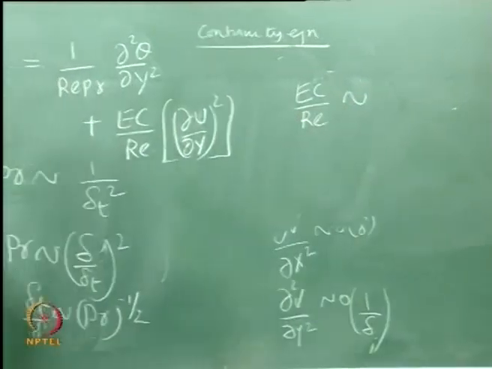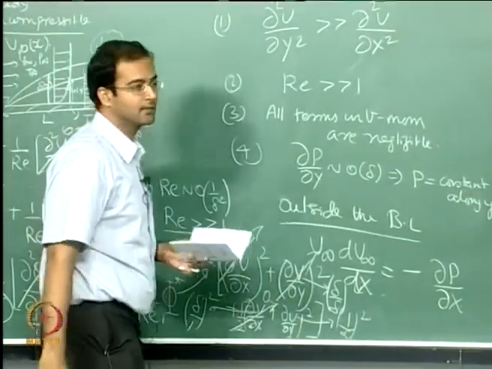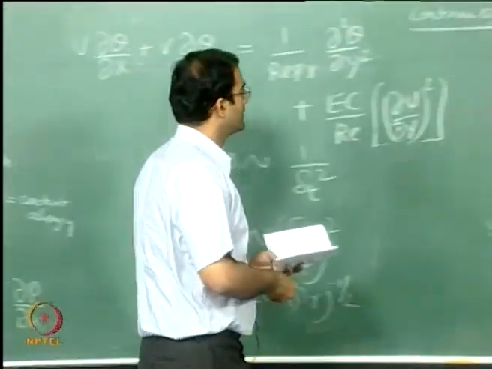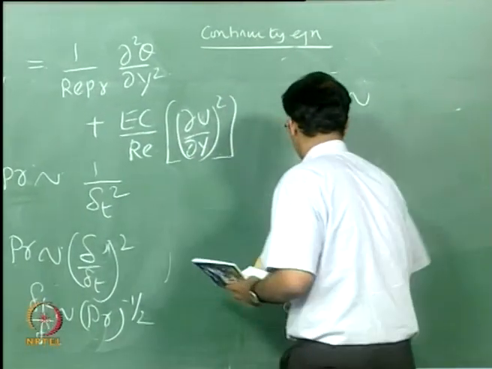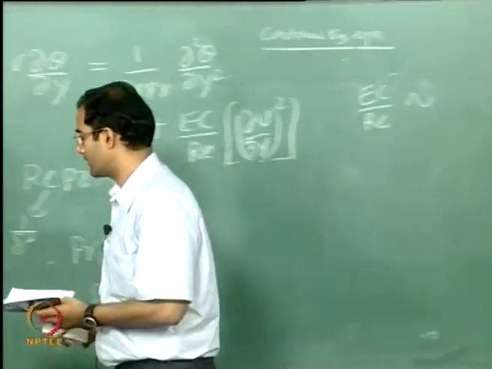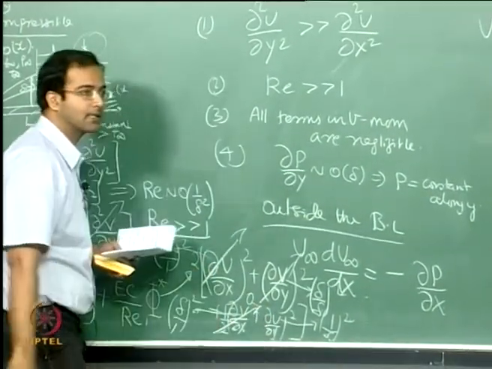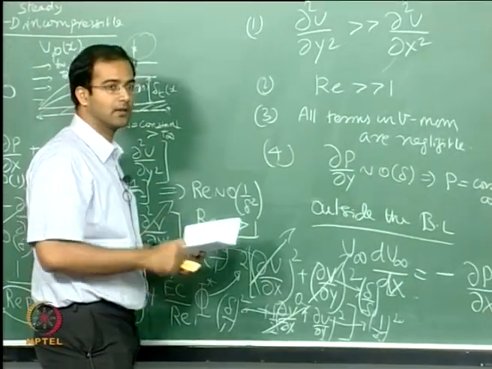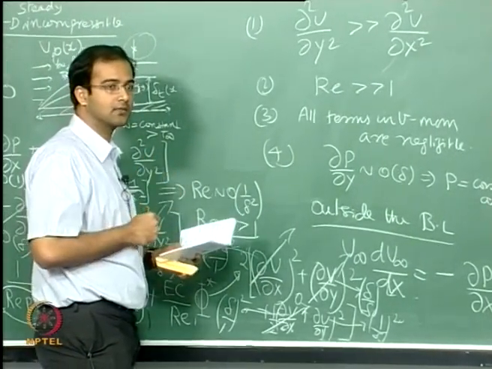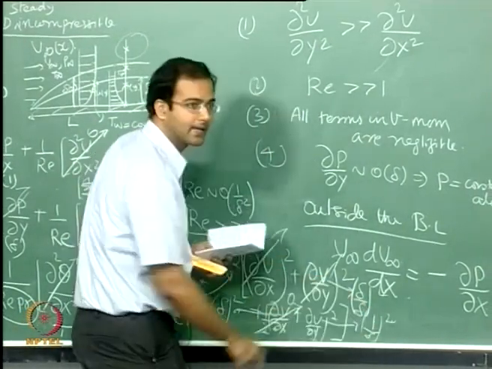So if you look at this term, this is again 1 over delta t square, right. Just one small thing. When you are looking at velocity gradient, you look at the momentum boundary layer thickness, and when you look at the temperature gradients, you look at the thermal boundary layer. So this should be of the order of delta square, not delta t square.